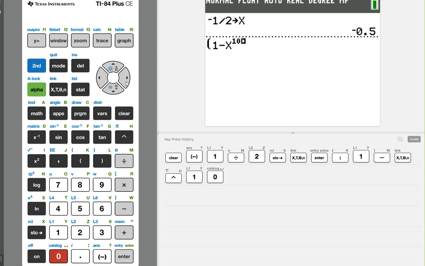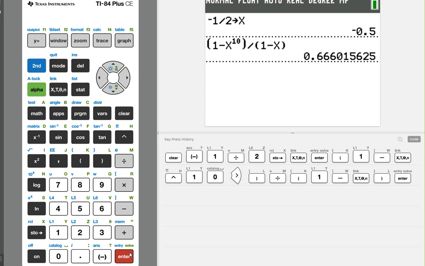Get out of the exponent with a right arrow. Parenthesis divided by parenthesis again 1 minus x. A lot more user friendly than if you had to type it in with that -1/2 and worry about extra parentheses and all this other stuff. It'd be a royal pain.